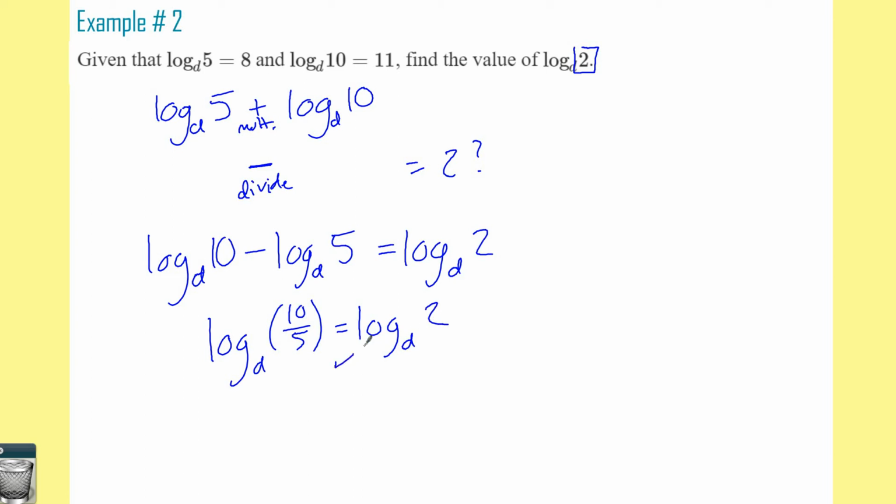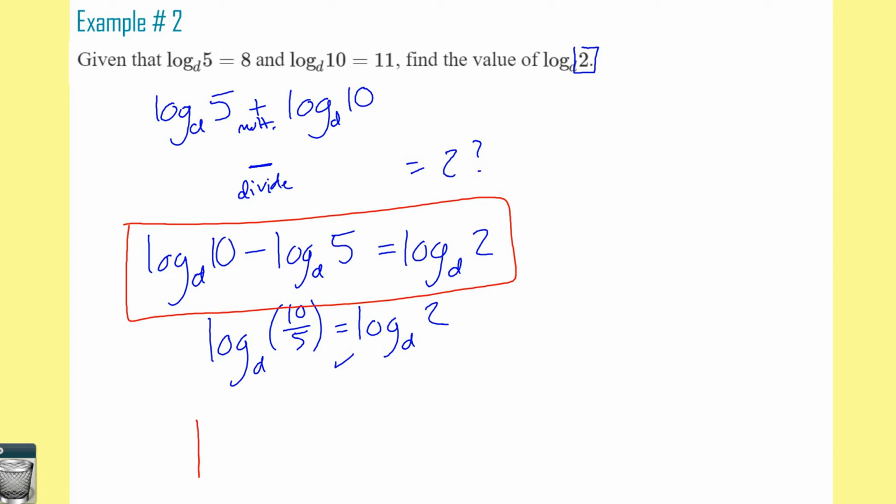So that's how we know we did it right. So notice what we've got here: log 10 minus log 5. So log 10 is 11 minus log 5, which is 8.